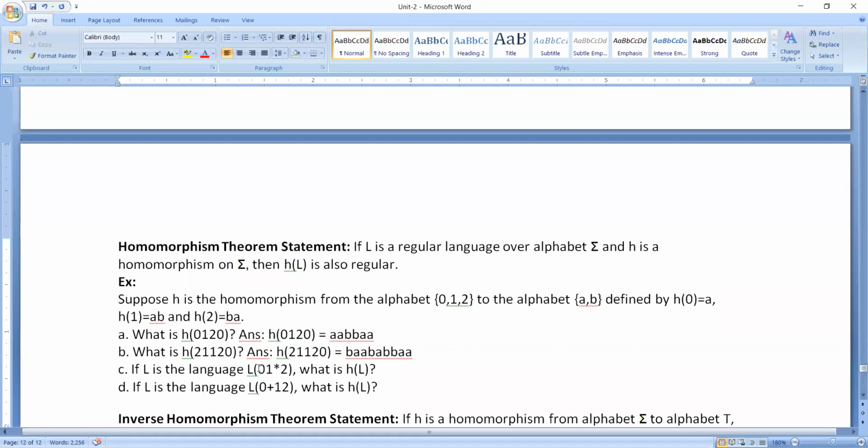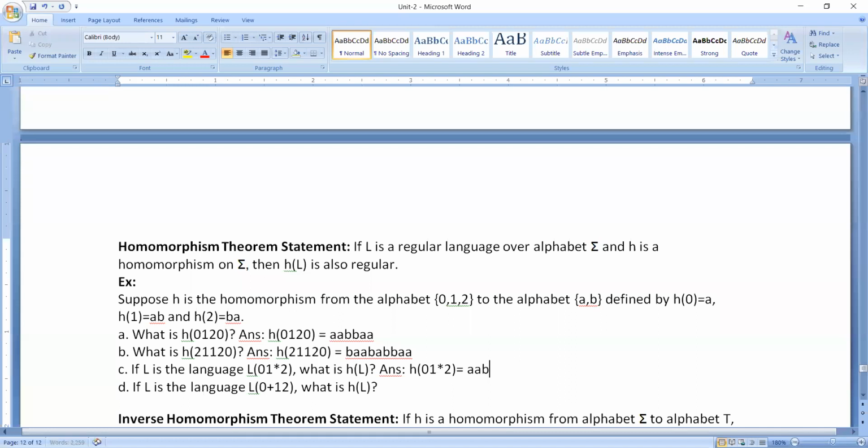Now we try to find the answer for the language with the string 0, 1 star, 2. We apply the homomorphic function on this string. What is h of 0? Small a. What is 1? We have small ab.